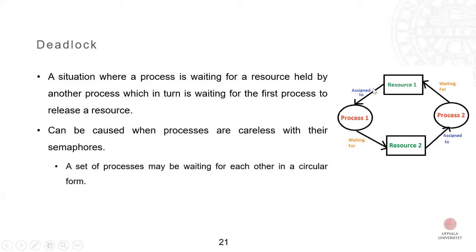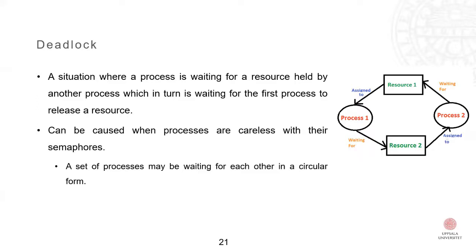It happens like this, for example. Imagine in this case, we have process 1 and process 2. Process 1 is waiting for resource 2. Process 2 is waiting for resource 1. And we have two resources here.